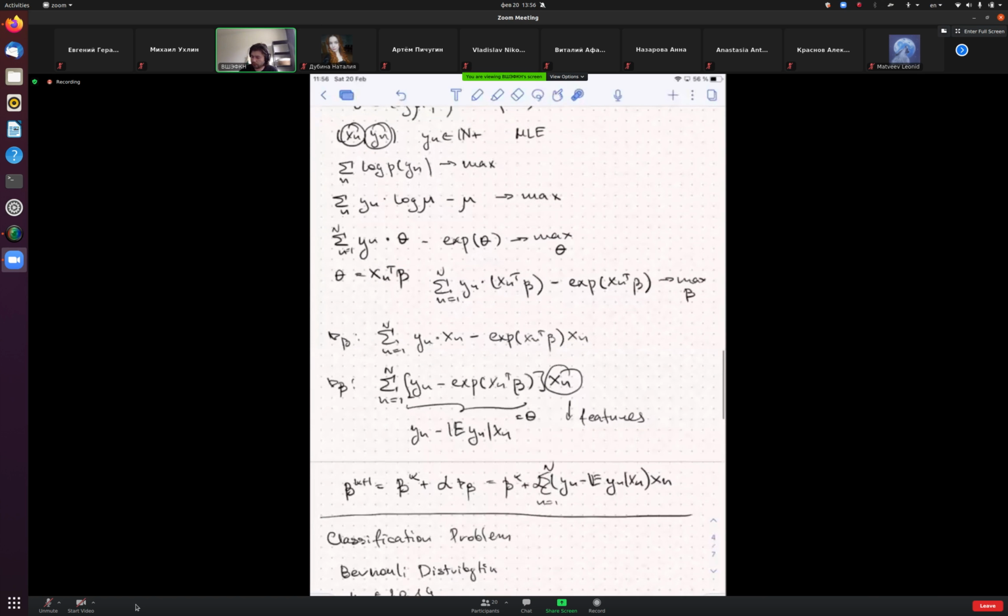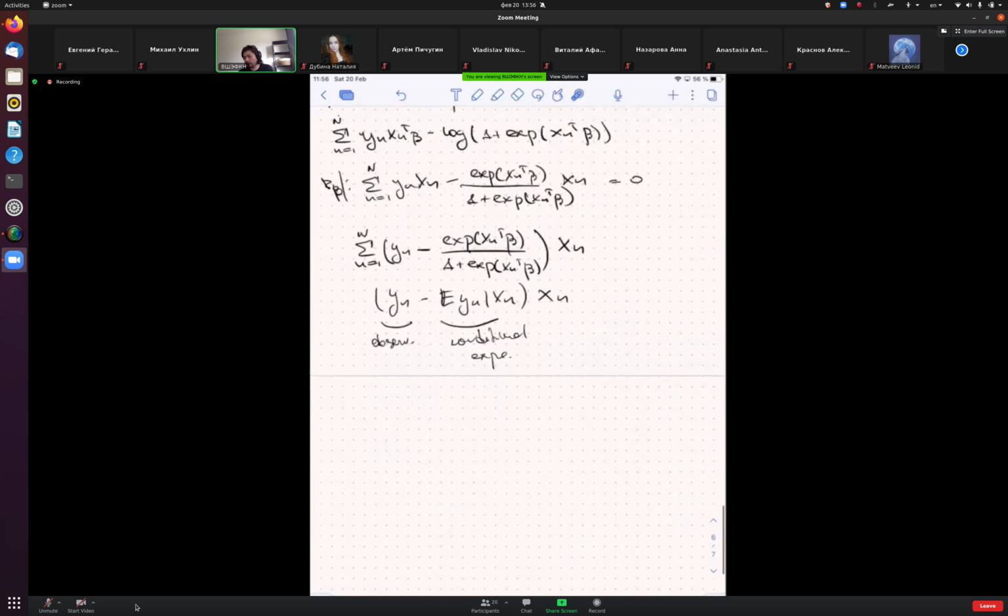We have the same gradient. The conditional expectation is different, but the gradient is features multiplied by the difference of the observed point minus its conditional expectation.